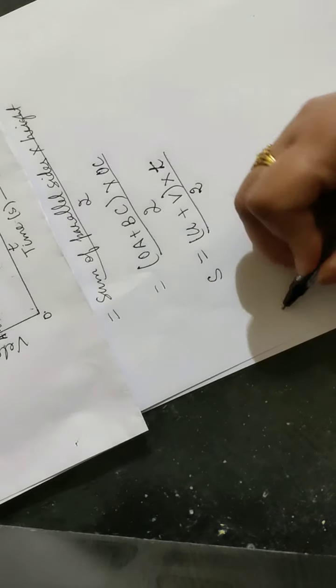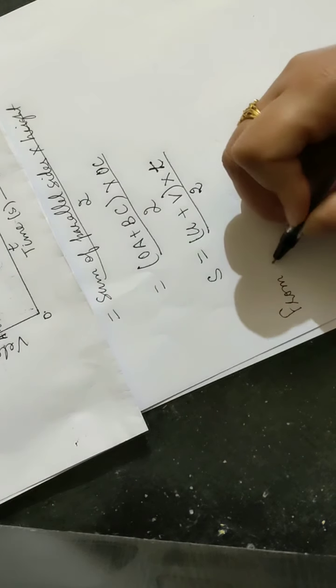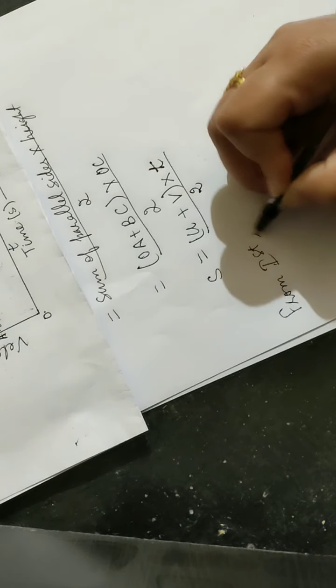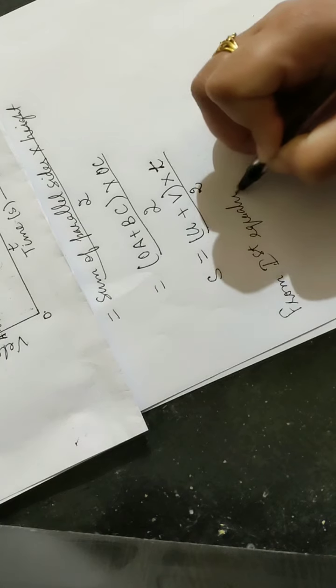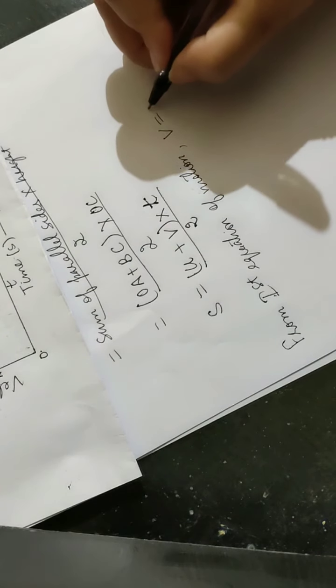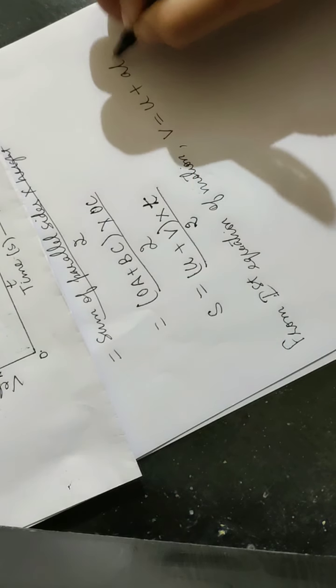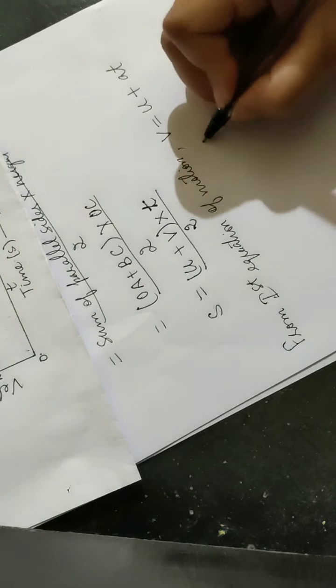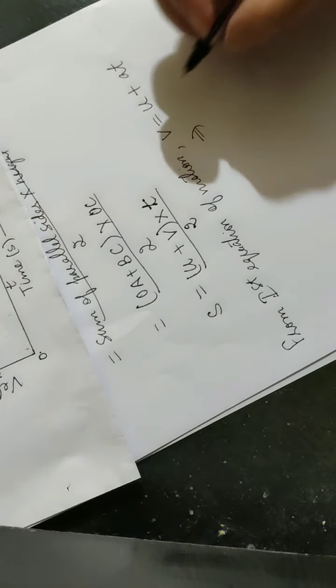Now, from the first equation of motion, what is the first equation of motion? It is V is equal to U plus AT. We can derive the value of T from this equation.